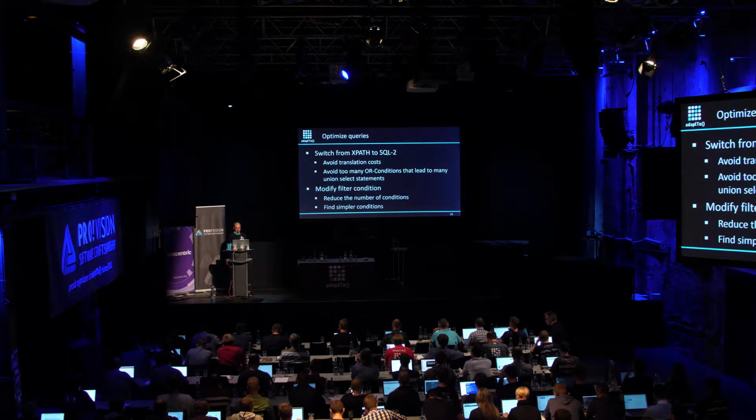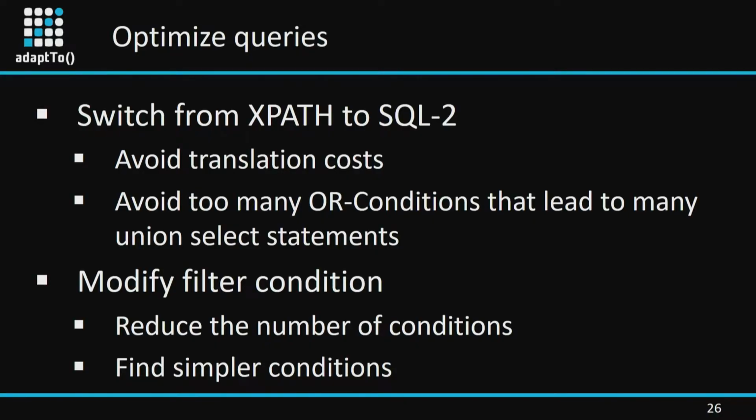The next option to make your search fast is to modify the filter condition in order to reduce the number of conditions or to find simpler conditions, which will lead to better performance.